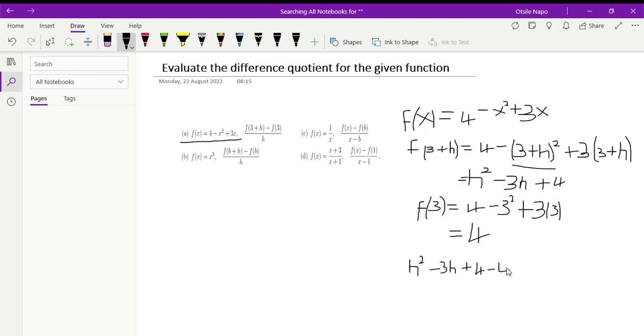Yes, f of 3 gives us 4, but because of the negative sign from the formula, it will be minus 4, and it's all divided by h.